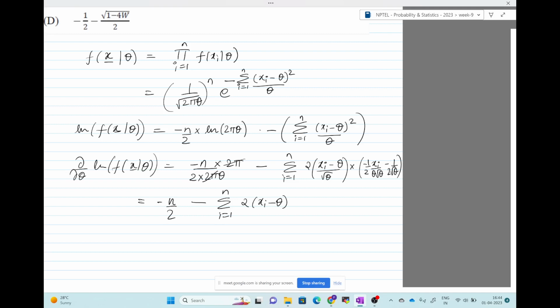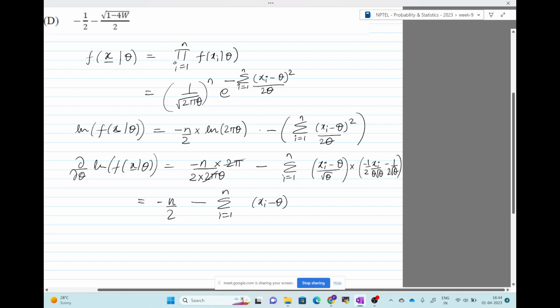Sir, in e power minus sigma i to n, I think the denominator 2 theta should come. Ah, yeah. It should be minus n by 2 theta. So this 2 will get cancelled.